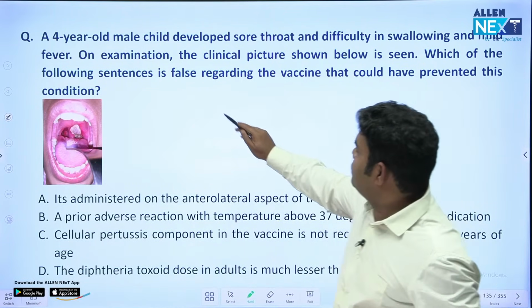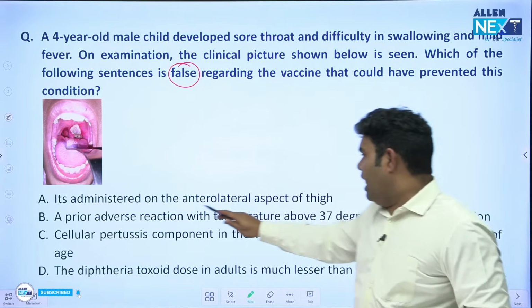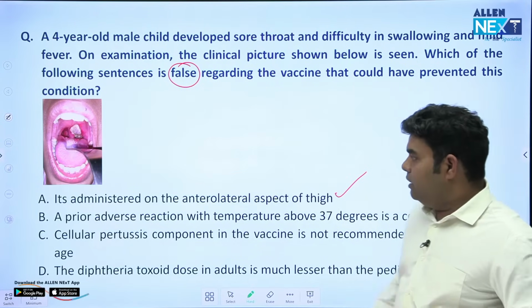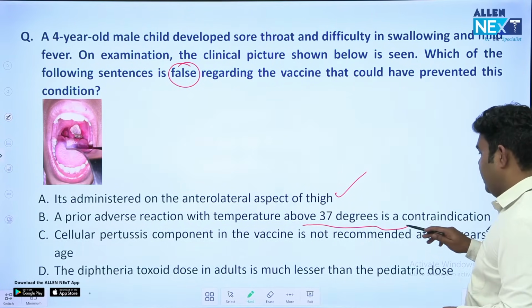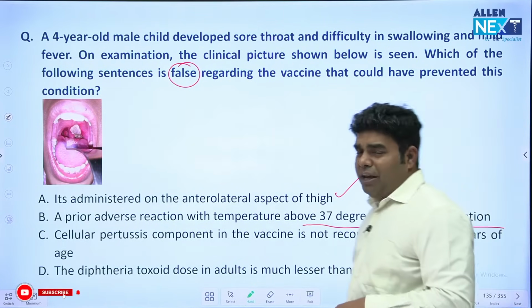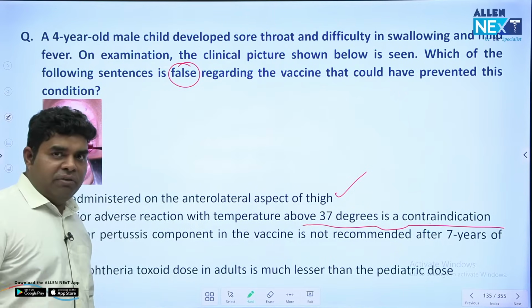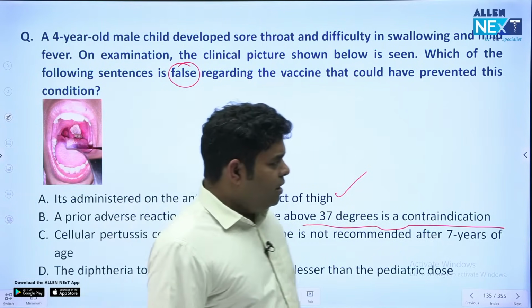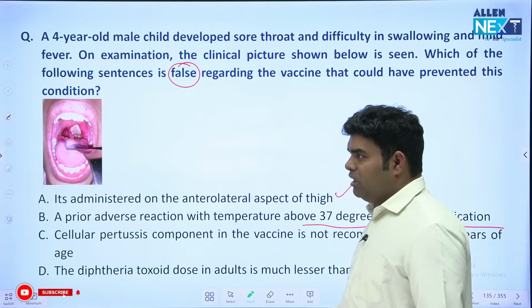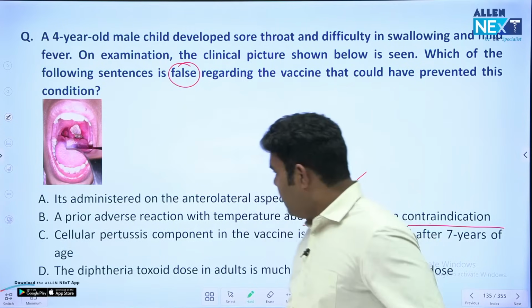Now they are asking what is false regarding diphtheria vaccine. It is administered on the anterolateral aspect of thigh, correct. A prior adverse reaction with temperature above 37 degrees is a contraindication. If someone had fever in the last DPT vaccine, high grade fever, is it a contraindication? It's not a strong contraindication, and fever is something which is expected after DPT. That's why we give paracetamol syrup along with DPT vaccination.